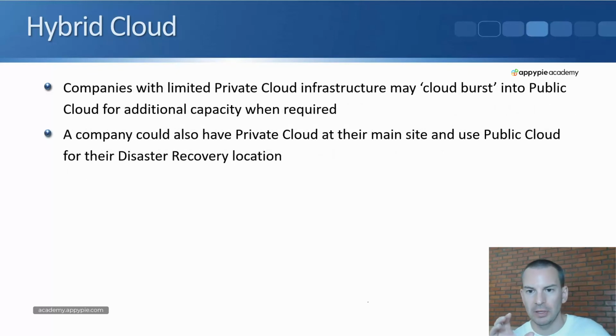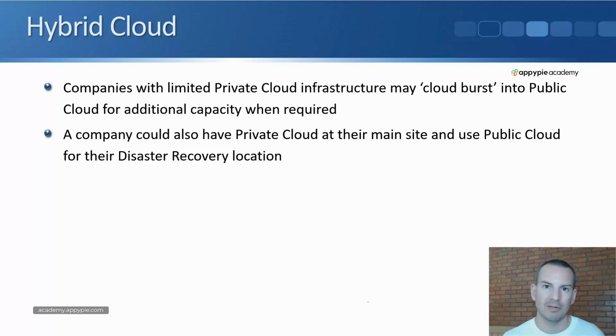So you saw the term there, cloud bursting, what this is about. Companies with limited private cloud infrastructure may cloud burst into public cloud for additional capacity when required. So maybe I've got my own private cloud infrastructure at my company and my data center, but I've got limited capacity there.